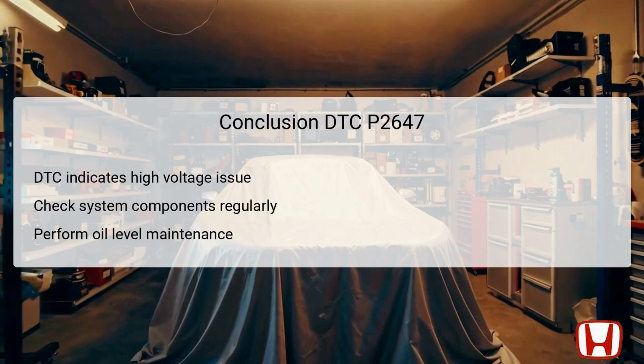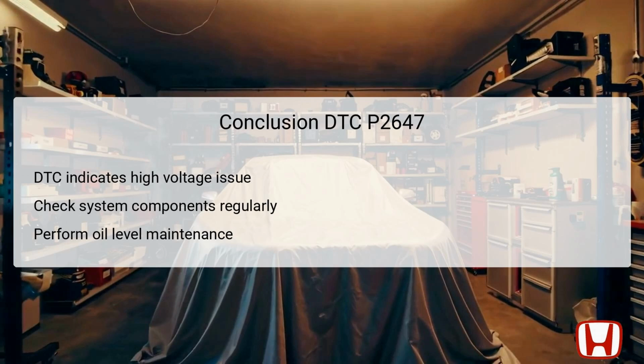In conclusion, DTC P2647 signifies a high-voltage issue within the rocker arm oil pressure switch circuit, affecting the VTEC system in Honda Accord models from 2008 to 2012. The importance of checking the engine oil level and performing thorough electrical connection inspections cannot be understated, as these steps prevent misleading DTCs and maintain engine performance.